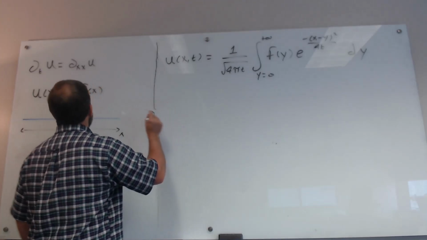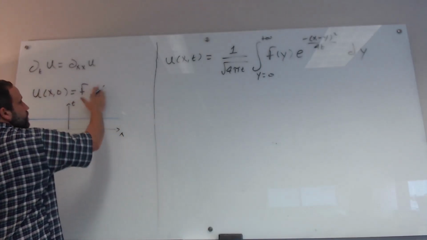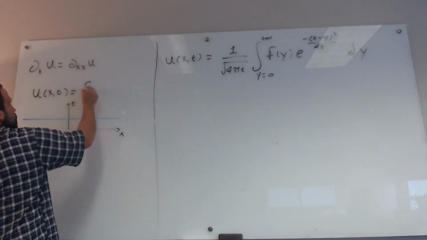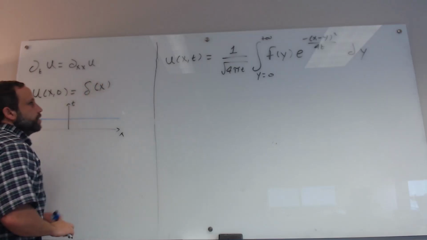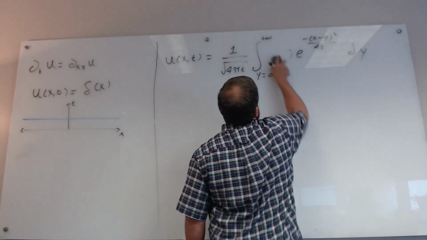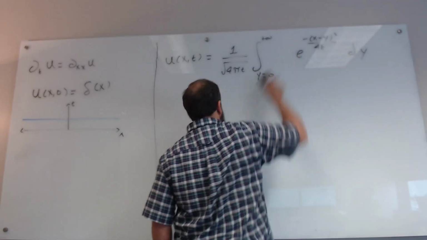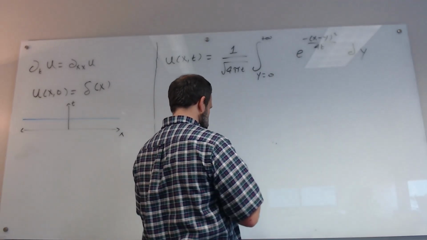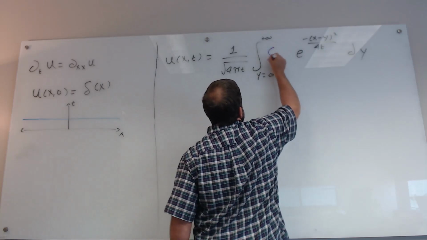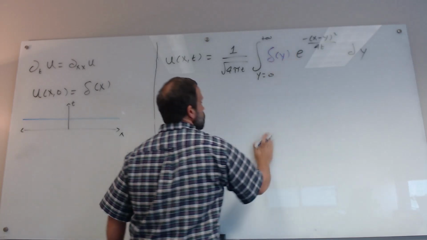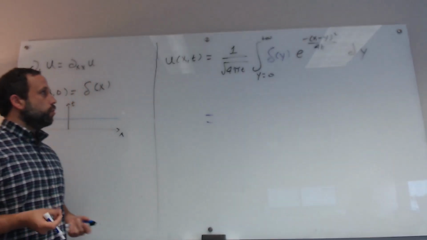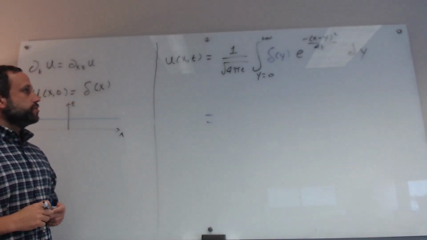What if f of x is equal to the Dirac delta mass at 0? So this is now going to be the Dirac delta. Let me write it in purple so you know that I've made a change. Okay, so what is this integral equal to? Well, remember what the Dirac delta distribution does.